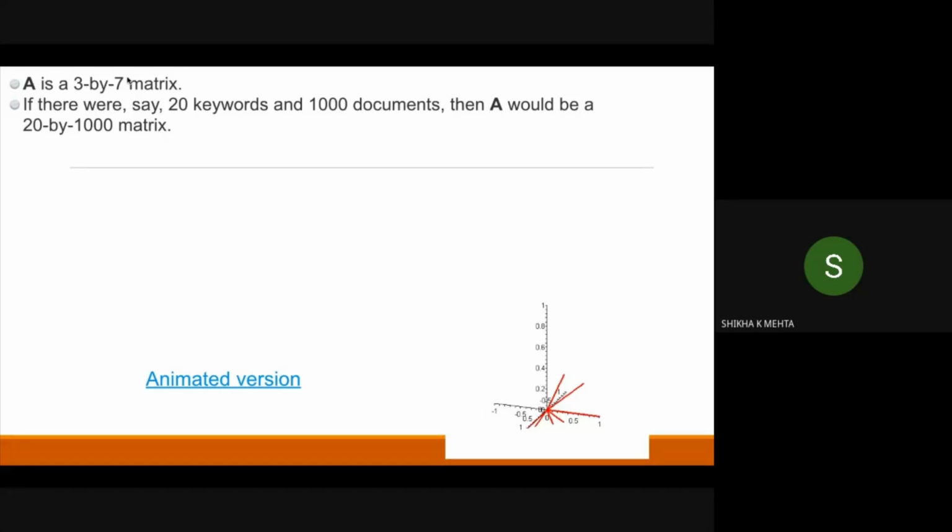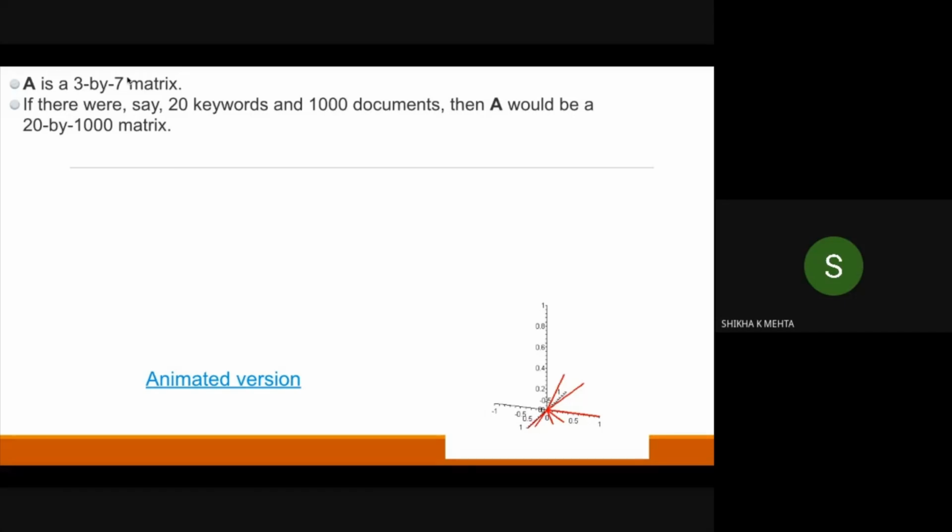For handling such problems, because there are a large number of dimensions, all keywords may not be equally important. So the first step we take is to pick out the important keywords, and we can do that with one of the algorithms, principal component analysis, which can be used for projecting higher dimensional data into lower dimensional data.